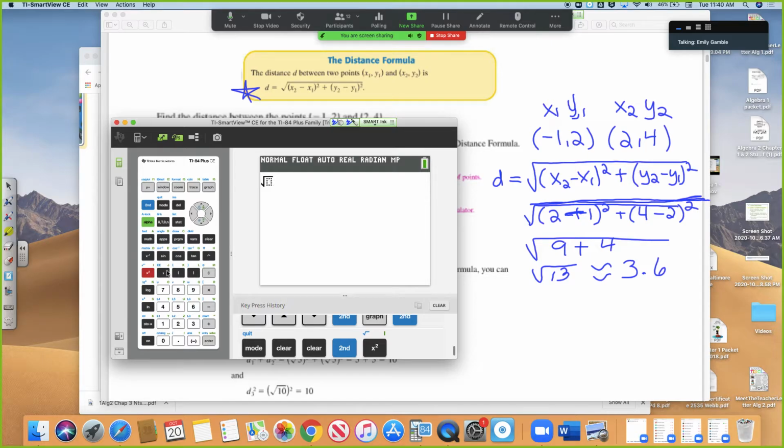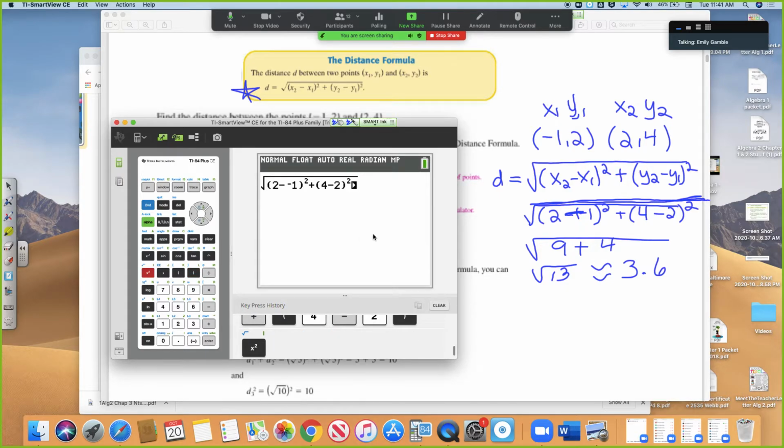You have to use the parentheses just like the formula says. So you have to use the left-hand parenthesis, 2 minus negative 1, close the parenthesis, and square that. Plus, you have to open up another parenthesis, 4 minus 2, close the parenthesis, square.